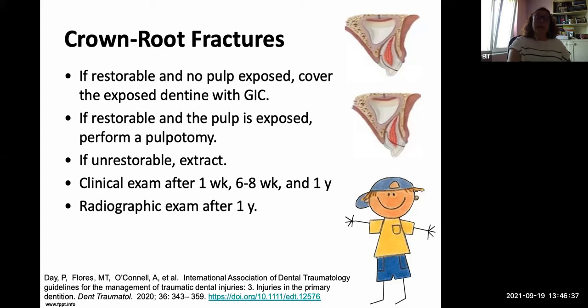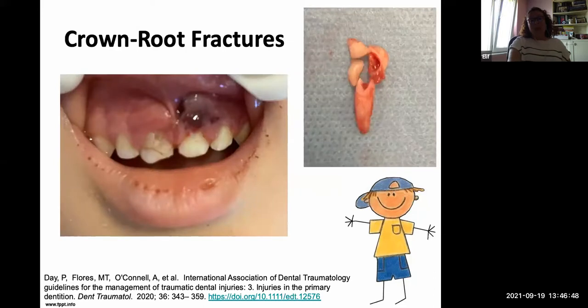In any case, we should make clinical and radiographic examinations extended to a year. Here we can see a complicated crown root fracture in a primary tooth. Because it's unrestorable, an extraction is preferred to treat the case.